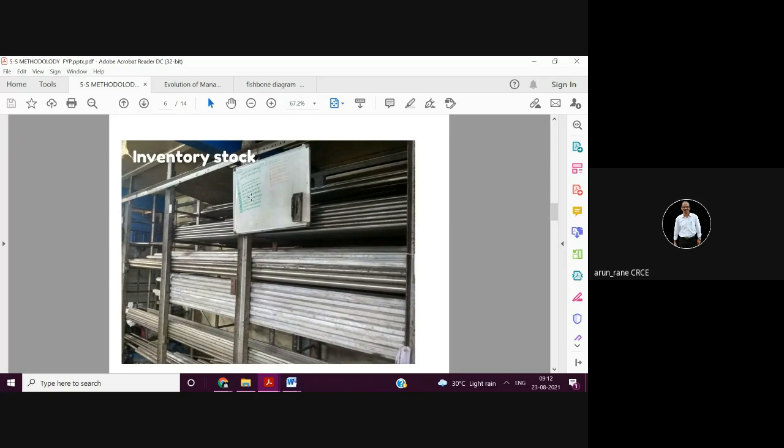Some students have suggested to use color codes, and color codes can be displayed on this board, like say MS round bar, which is used very frequently, that is a yellow color. So looking at the color, you can identify what material it is and what is the stock.